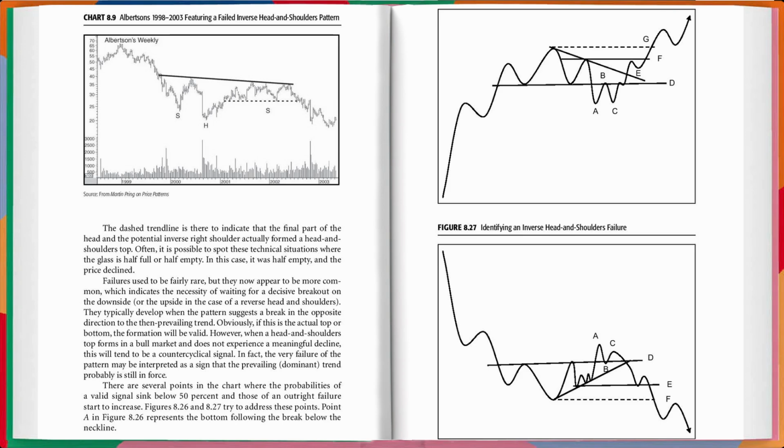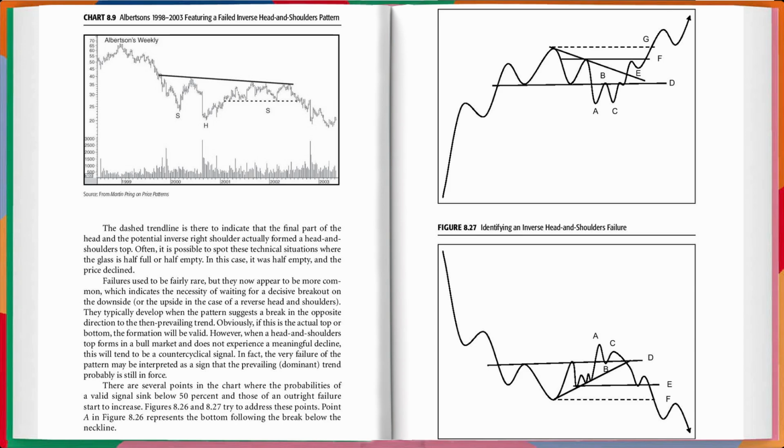However, when a head and shoulders top forms in a bull market and does not experience a meaningful decline, this will tend to be a countercyclical signal. In fact, the very failure of the pattern may be interpreted as a sign that the prevailing dominant trend probably is still in force. There are several points in the chart where the probabilities of a valid signal sink below 50%, and those of an outright failure start to increase.